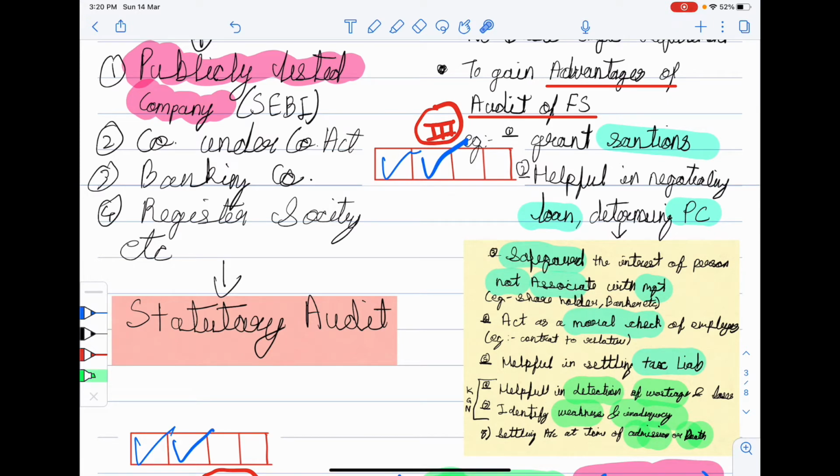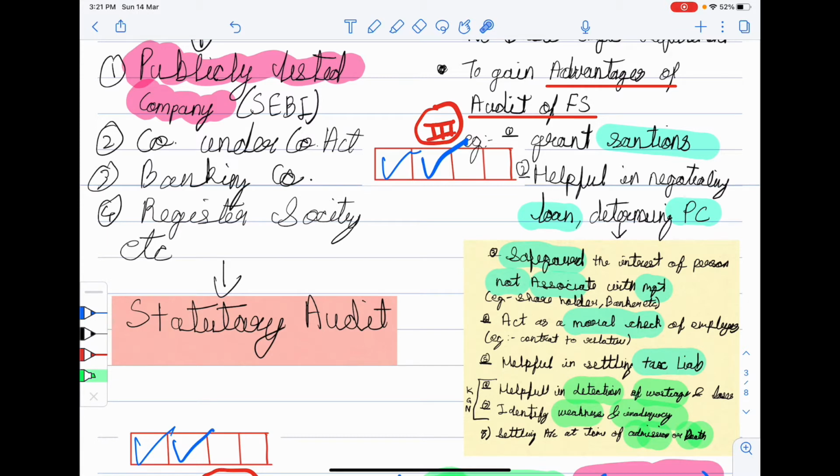It also acts as a moral check of the employees. For example, it checks whether any employee is giving contracts only to his relatives, such things. It checks whether employees are performing properly or not.